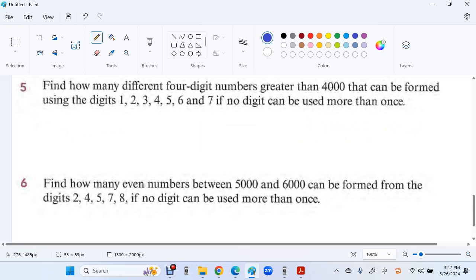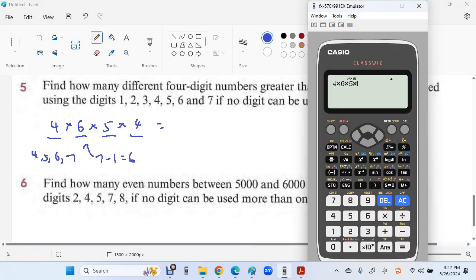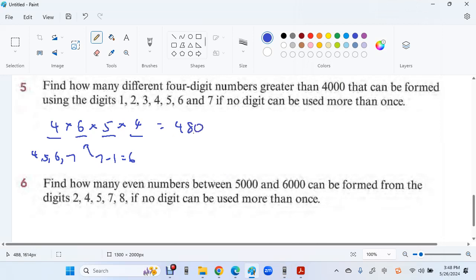Number 5. Find how many different 4-digit numbers greater than 4,000 can be formed from 1, 2, 3, 4, 5, 6, 7. No digit can be used more than once. So for 4-digit numbers greater than 4,000, we can start with 4, 5, 6, or 7. So out of 7, after we use 1, we have 6, 5, 4. So this will be 4 times 6 times 5 times 4, which is 480.